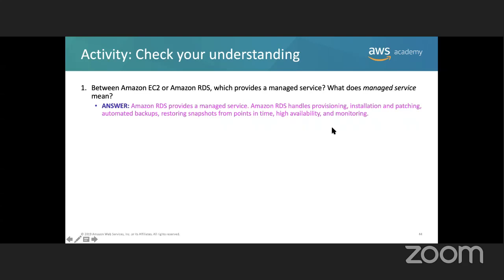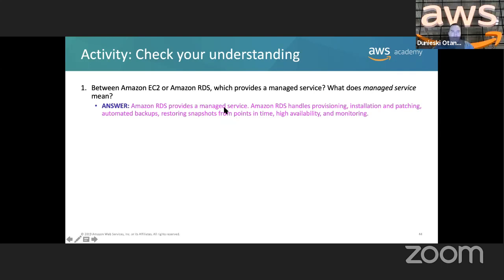Okay. Where's the difference between managed RDS and fully managed DynamoDB? Remember that when you create RDS, you have to select and configure everything, right? You have to do a lot of configuration. You don't have to worry about the underlying infrastructure, but you have to configure it.